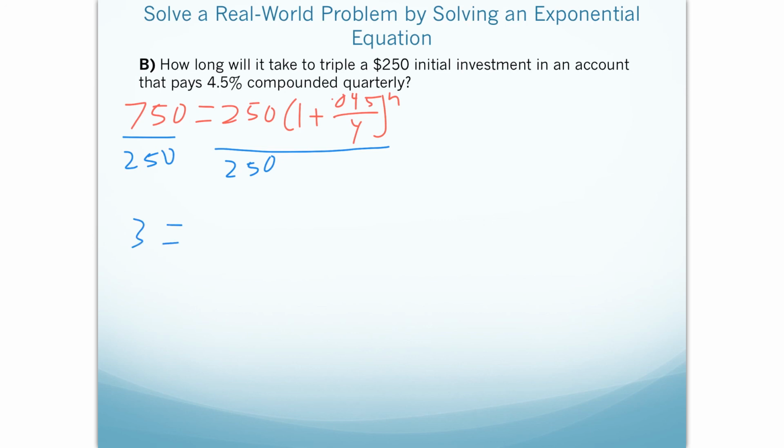3 equals 1.01125 raised to the n. Take the log or the natural log of both sides.